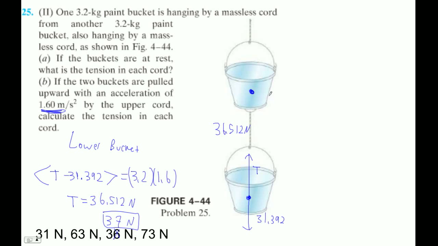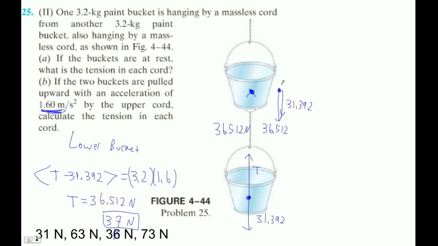Now let's look at the upper bucket. For the upper bucket there's a force down of the tension, which is 36.512. I'll draw it next to it. There's the force of gravity, which is 31.392.